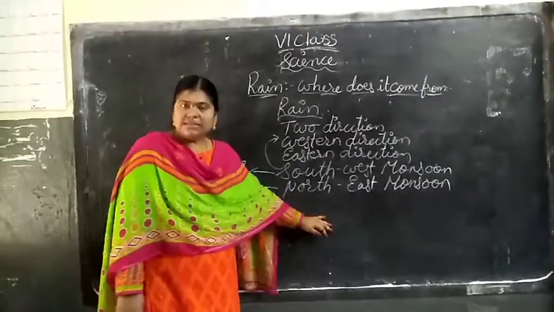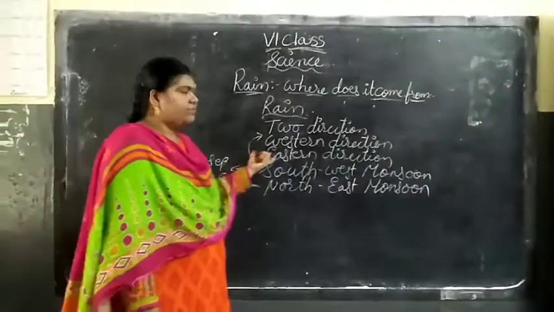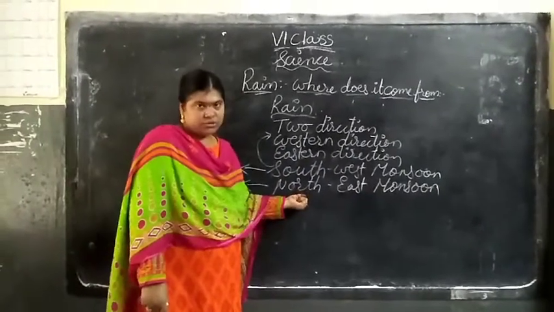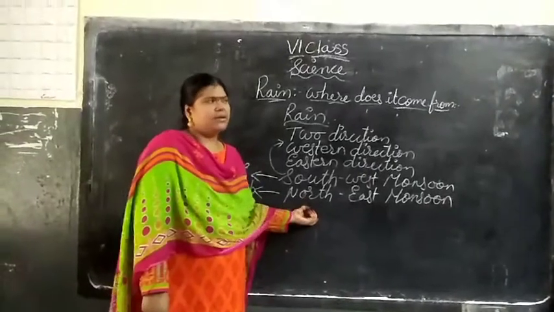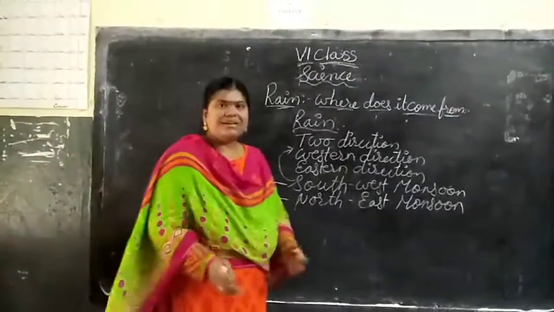Next, northeast monsoons. When the wind blows in the eastern direction, we will say that it is northeast monsoon, and this occurs from December to February. From December to February it is not a rainy season.